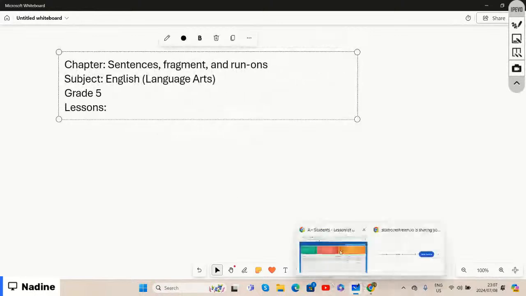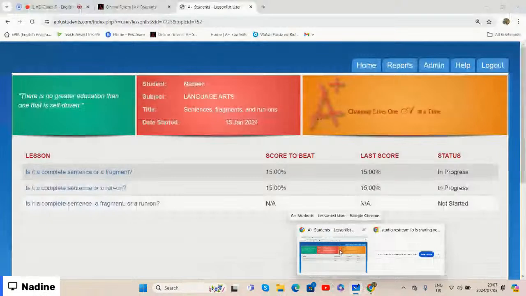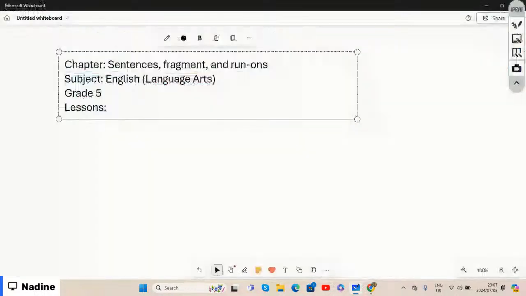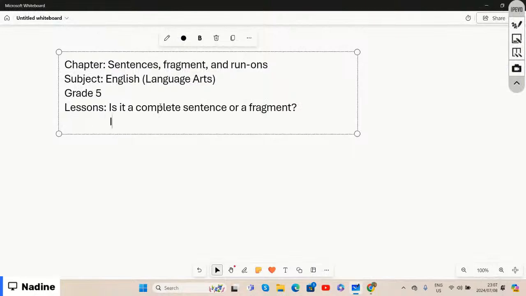So for now, we're going to focus on: is it a complete sentence or a fragment? And is it a complete sentence or a run-on? So that is going to be our lessons for today.